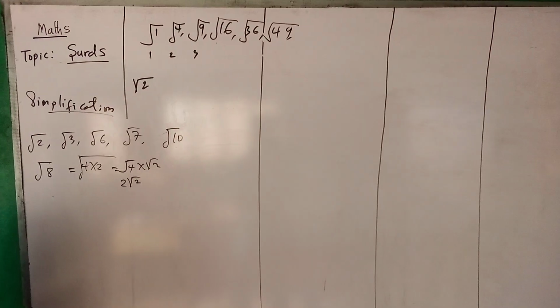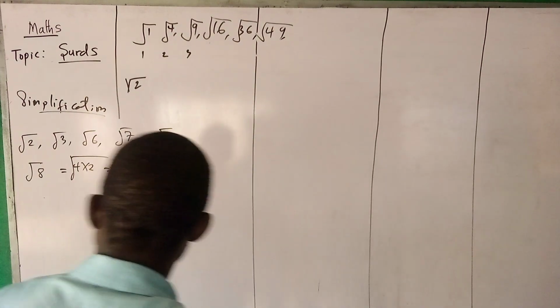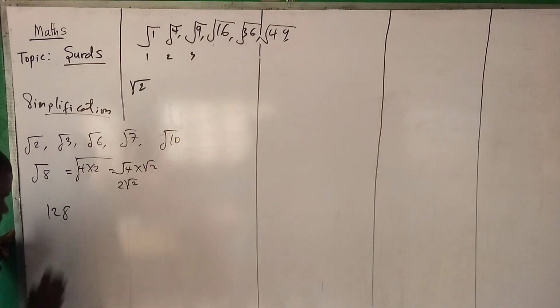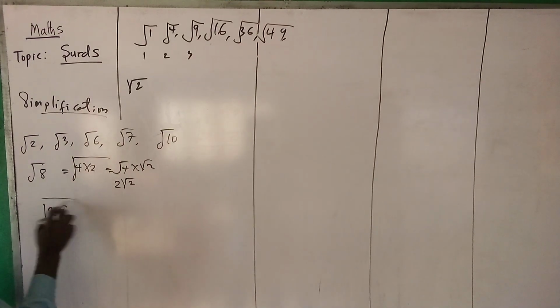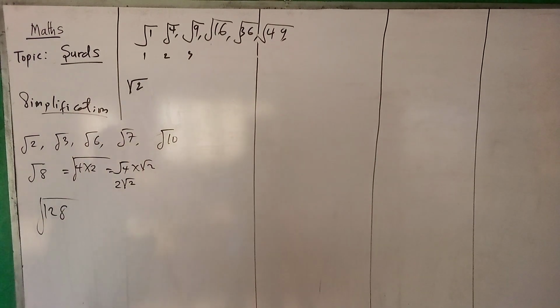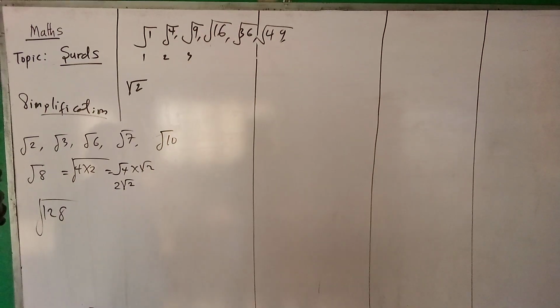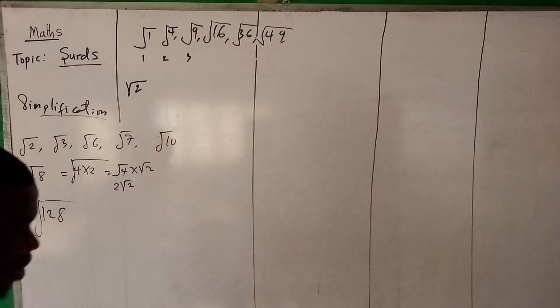Because you have to know how to simplify surds. By the time we'll be solving past questions, you know how to apply it. Now, when you see a number like this, 128, they'll ask you to simplify it. Look for two numbers such that one must be a perfect square and the other one a prime number, right?